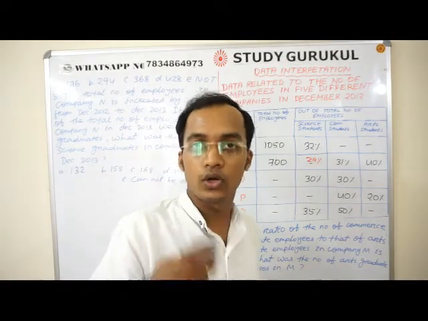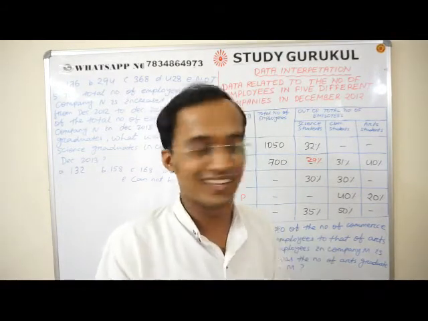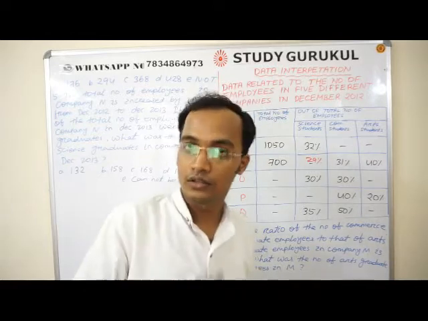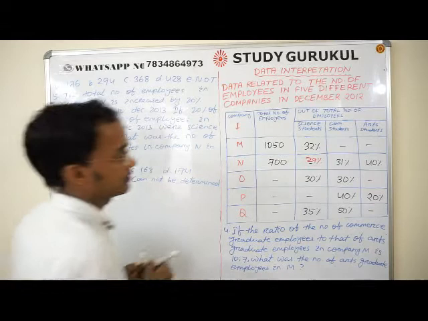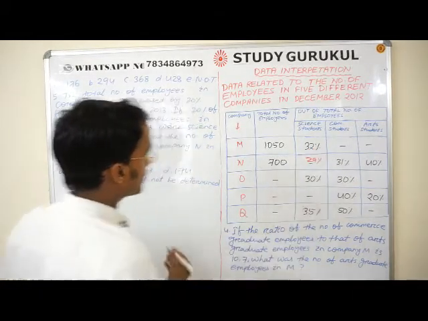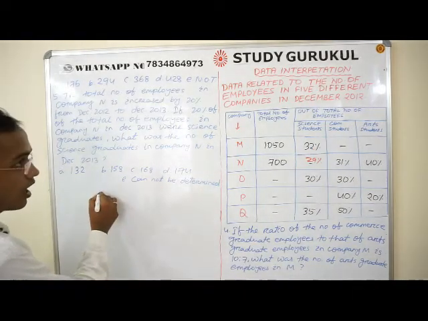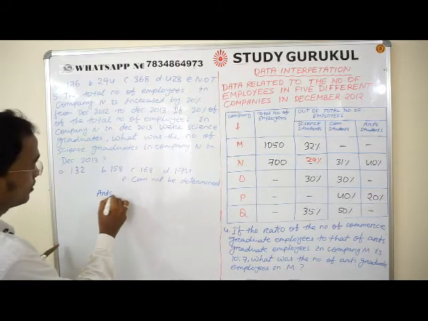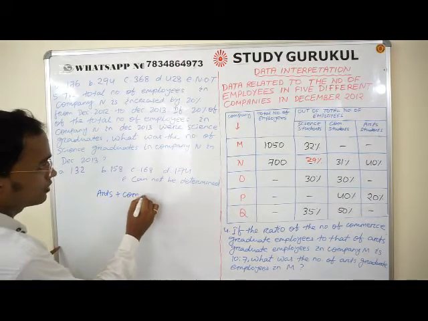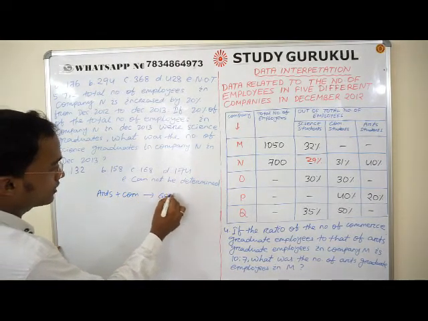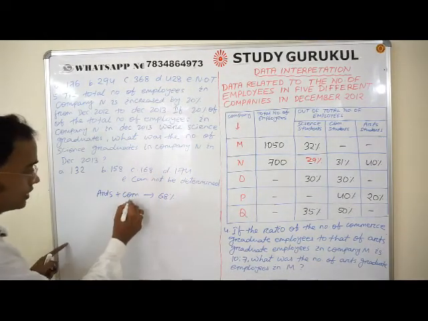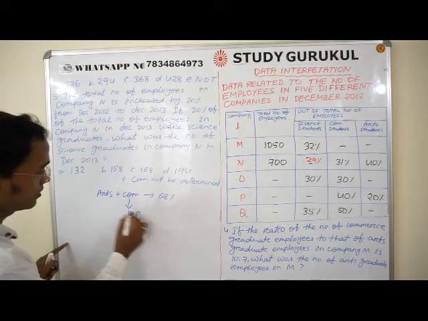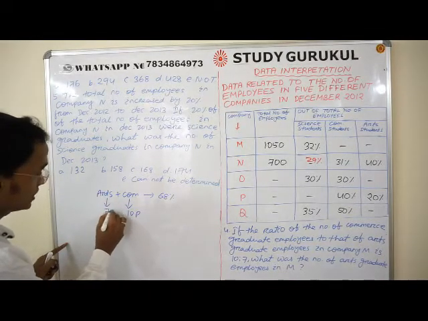Now, for your better understanding, I am writing the steps for how you will solve this question. Science students are 32%. So arts plus commerce equals 68%, and given commerce students 10 parts, arts students 7 parts.